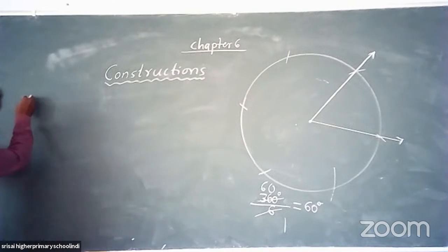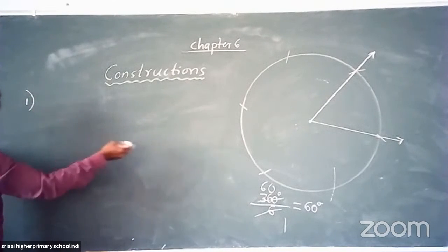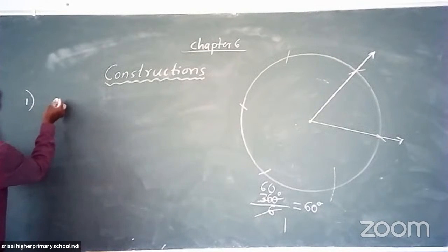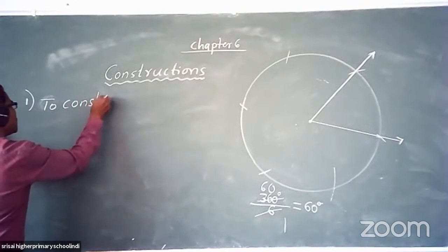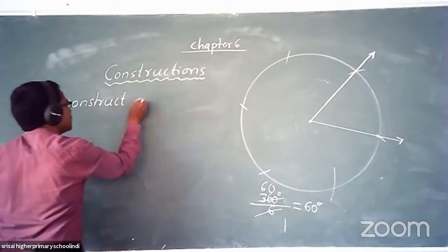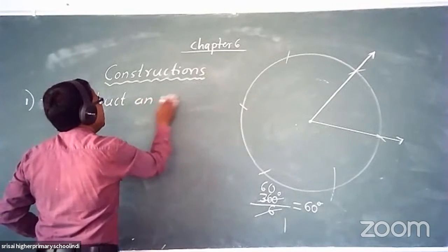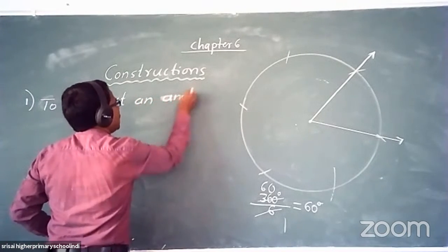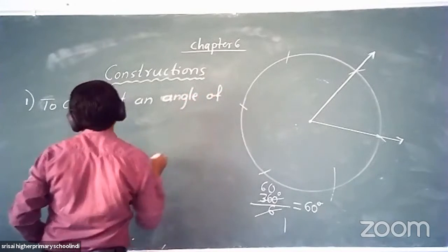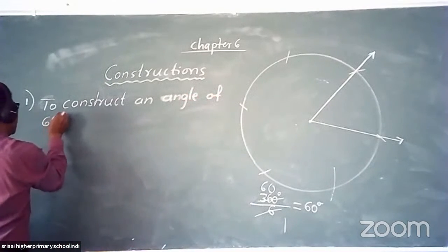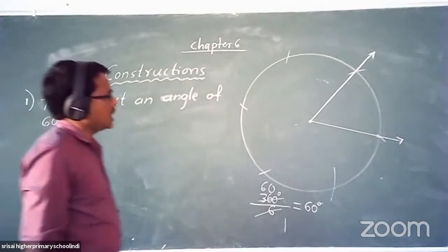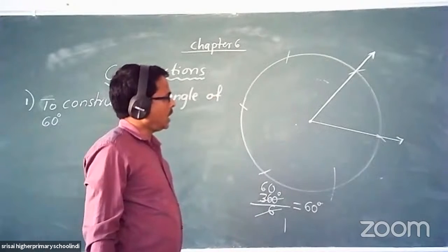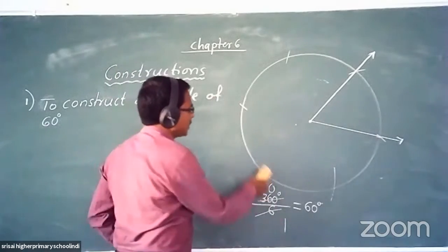Today we shall construct a 60 degree angle. To construct an angle of 60 degrees, we don't need to draw the complete circle.